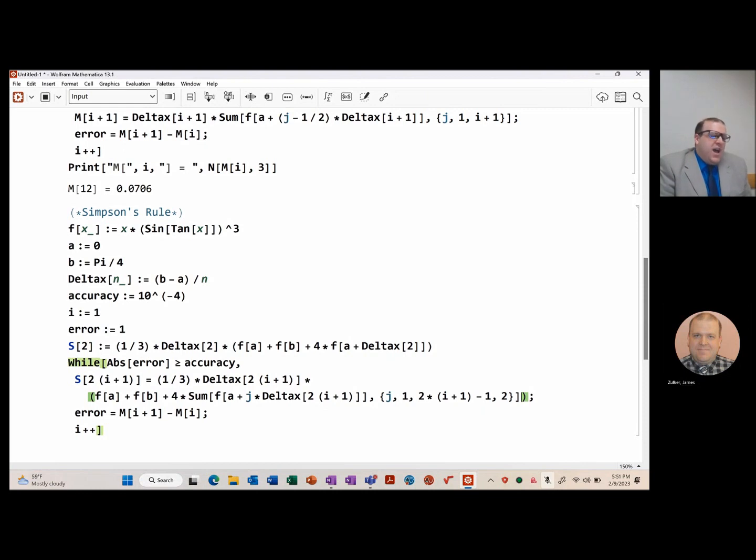So that takes care of all the odd indexed terms. Now we need the even indexed. Those are all multiplied by a 2, aren't they?